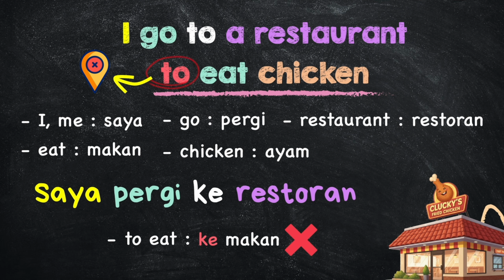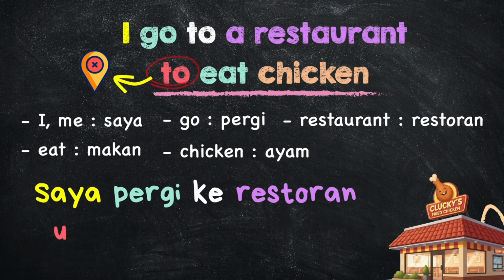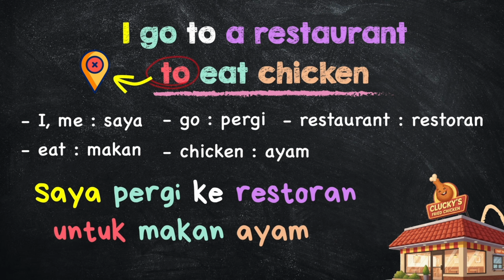For purpose or reason, you need to use untuk, which means for. So the full sentence is, saya pergi ke restoran untuk makan ayam.